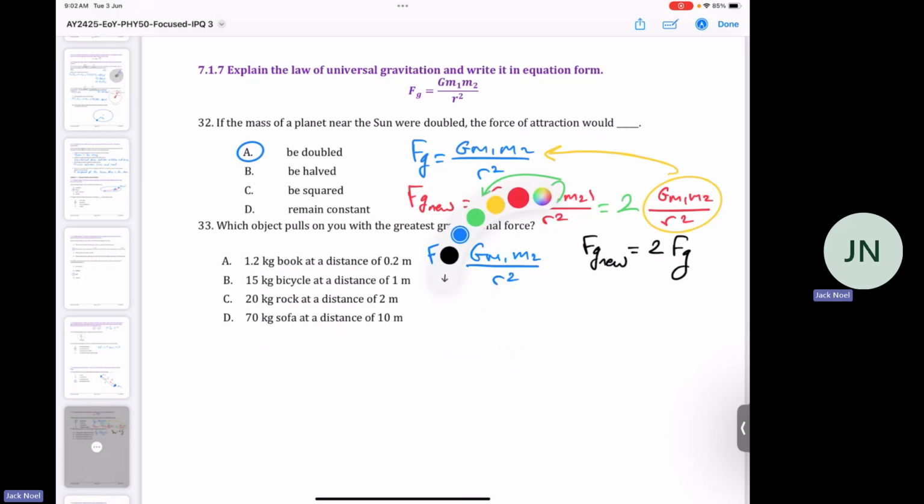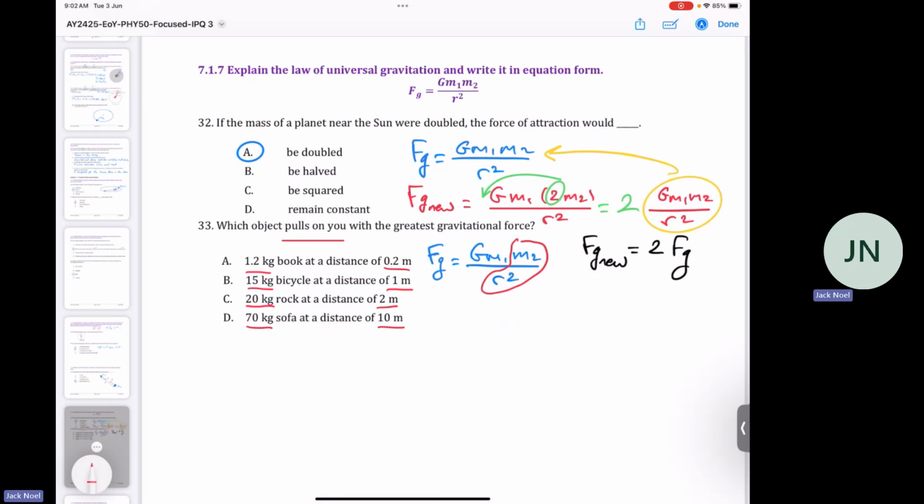The only two things which are changing are m2 and r. They said pulls on you, so your mass is not changing, so m1 I'm not changing.